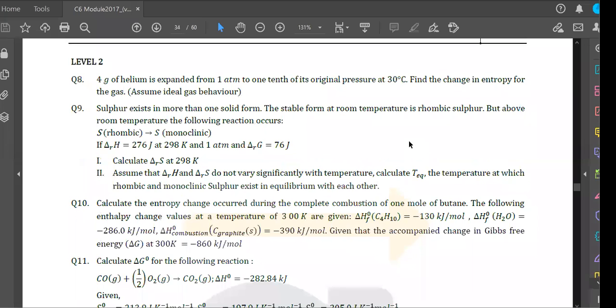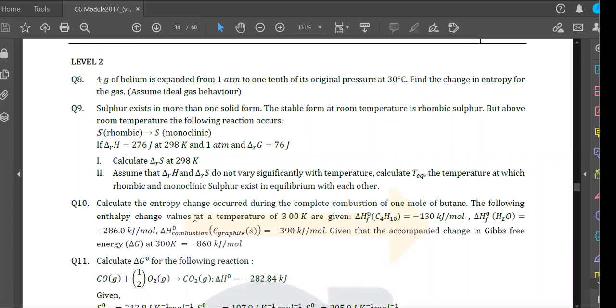So question number 8, 9, anyone have any doubt? I guess in 8 you won't have a doubt. 8 is again formula putting, right? 9, again ΔG, formula putting, right? Karishma, you can leave and join again soon.